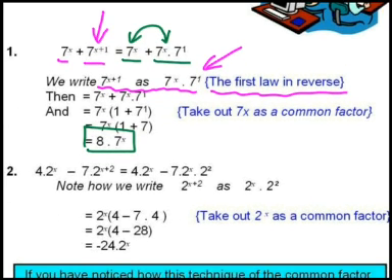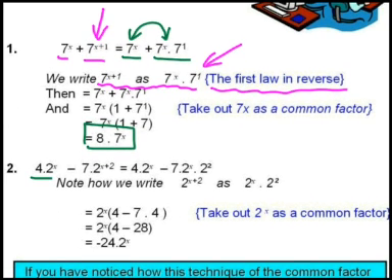The second one is a bit more complicated. We've got 4 times 2 to the power of x minus 7 times 2 to the power of x plus 2. The 4 times 2 to the power of x we can leave as is, and the 7 we can leave as is, but the 2 to the power of x plus 2, again using the first law in reverse, becomes 2 to the power of x times 2 to the power of 2.